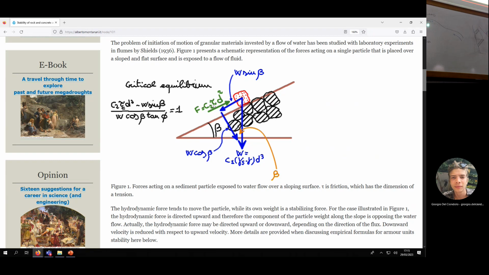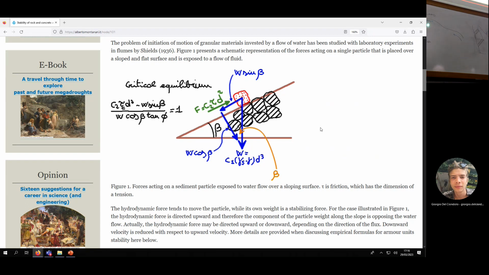And then there is a hydrodynamic component, which is directed in the upstream direction, but it also causes a backflow, which in a way contributes to destabilizing the unit. And then we have the friction between the boulder and the slope. So we will make an equilibrium, and you will see that we find a simple relationship that helps us assess the limiting condition for stability, what we call critical equilibrium.